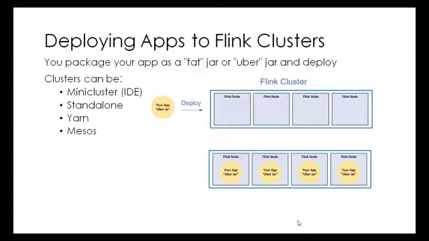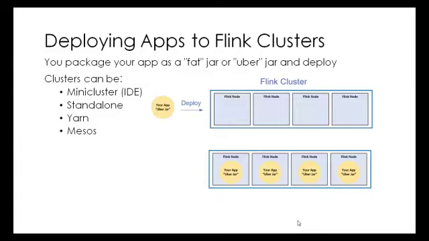What do you do to actually deploy your app? As I mentioned, you would take your application and create what's called an Uber jar or a fat jar. And what is that? That is just your program, your classes, plus the transitive closure of dependencies of anything that your classes depend on. You can do this very easily with Gradle, or with Maven.